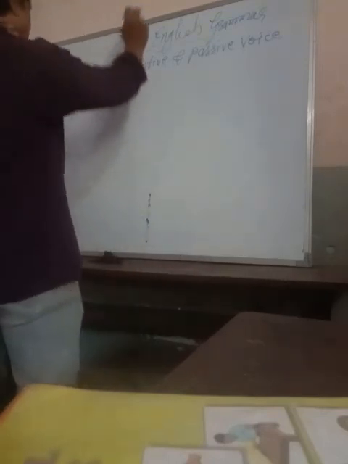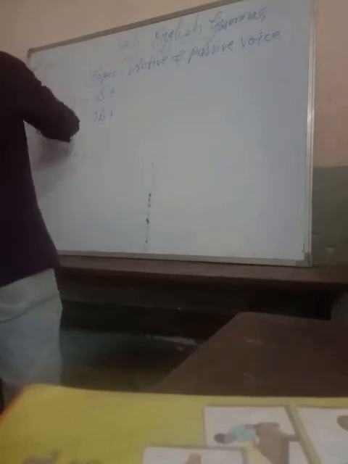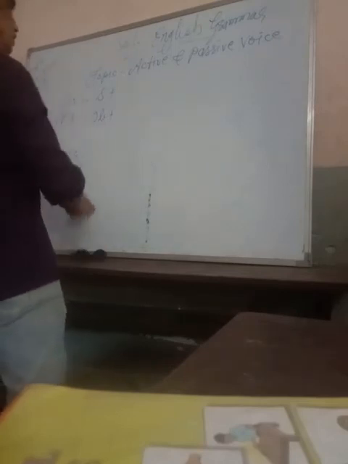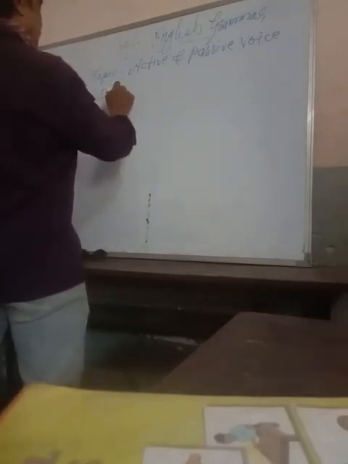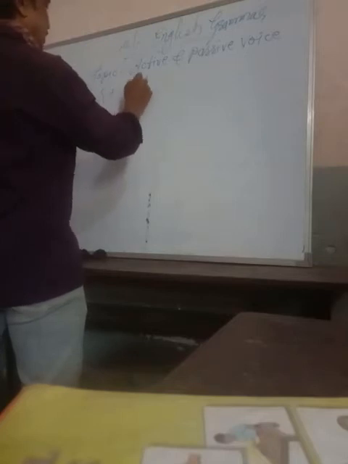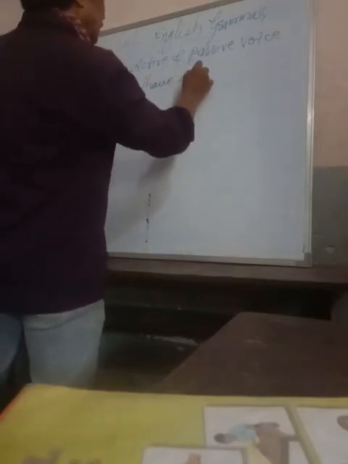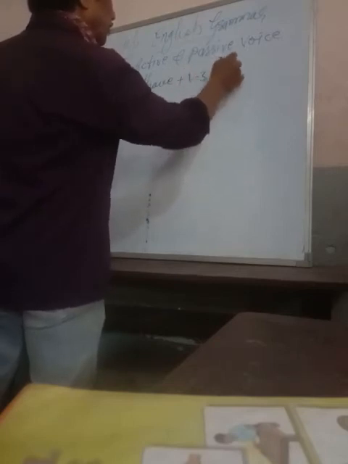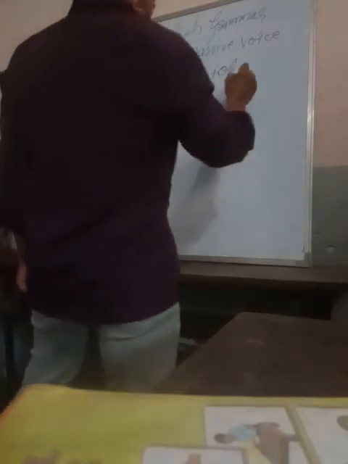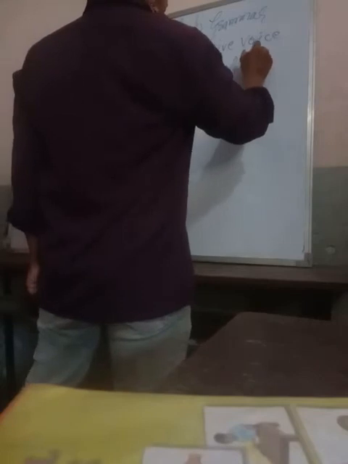Formula of present perfect tense: subject plus has/have plus V3 plus object. So present perfect tense it is.